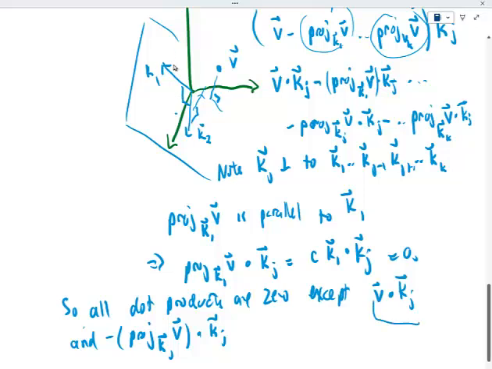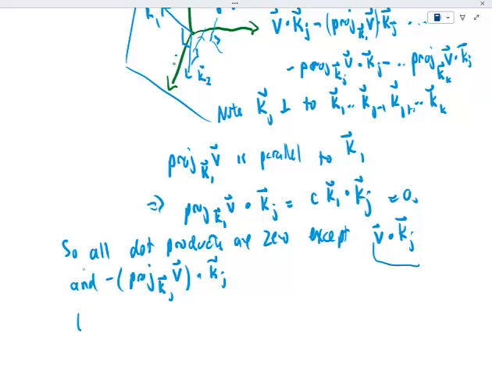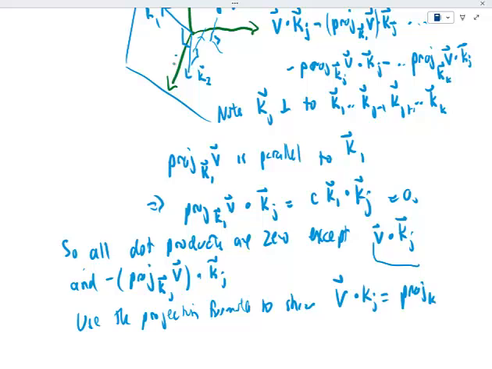So use the projection formula to show that V dot kappa J is equal to the projection on kappa J of V dot kappa J. You can work that out.